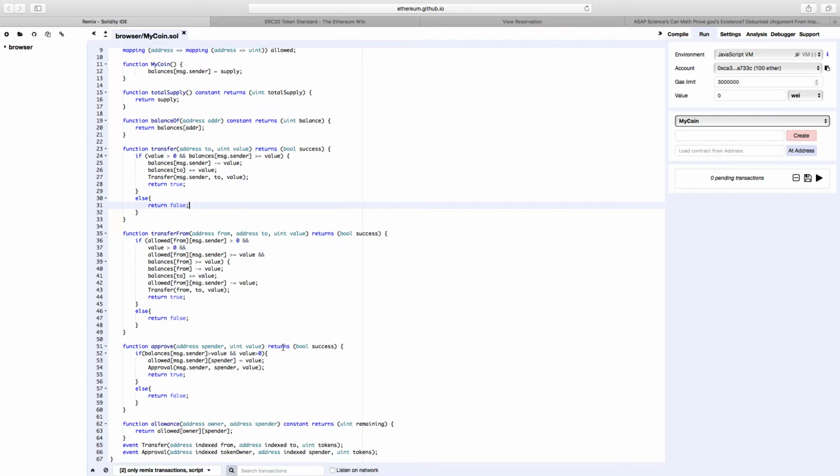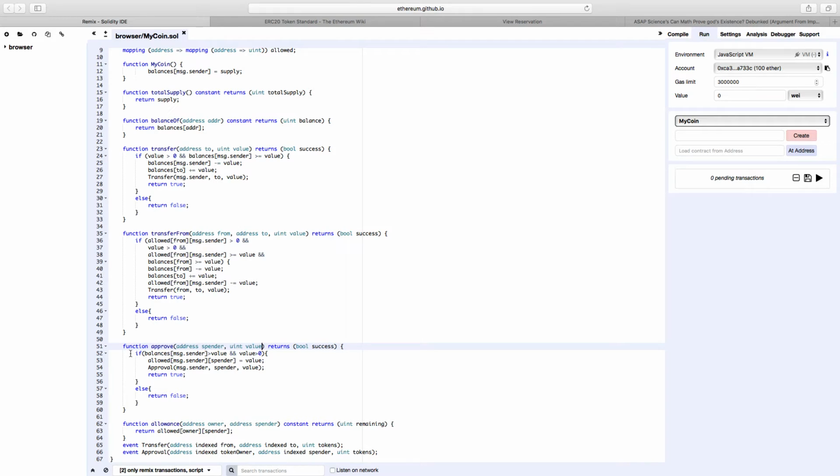Remember, these functions, you can have them do whatever you want, but this is what the purpose of the function is supposed to be. So what the approve function does is that it takes an address and then approves that address to spend a certain amount of tokens from my account.